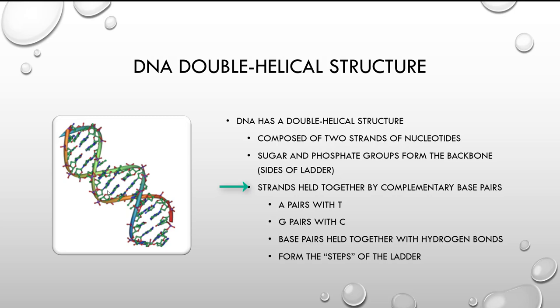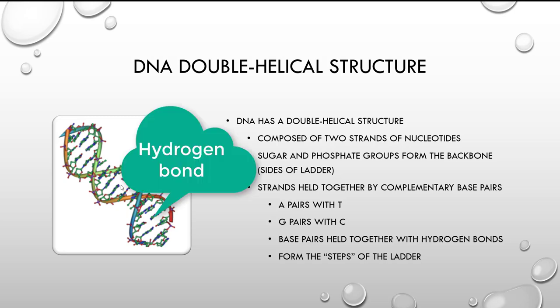It's the nitrogenous base of one DNA strand and basically a bond that forms between the nitrogenous base of the other DNA strand. Okay, so one nitrogenous base of one strand forms a hydrogen bond with the nitrogenous base of the other DNA strand.